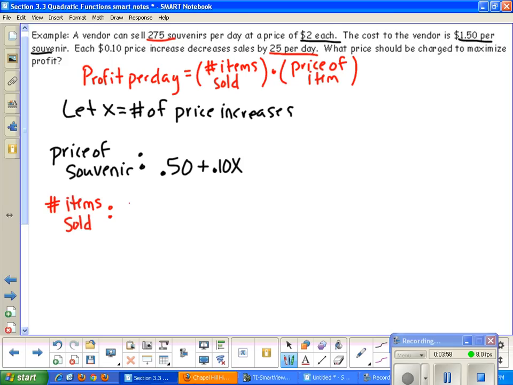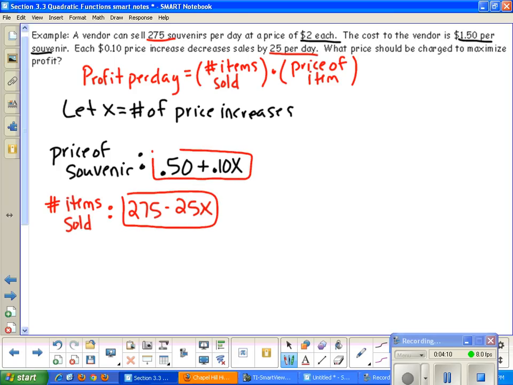So for this one, we have 275 minus 25 times x. Now that I have my two different equations, if I multiply them together, that's going to be the profit per day that you are making, and I'm going to call that P of X.